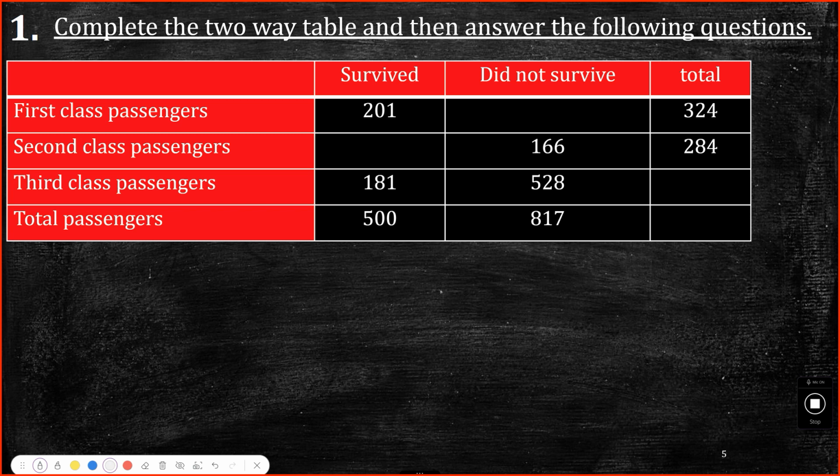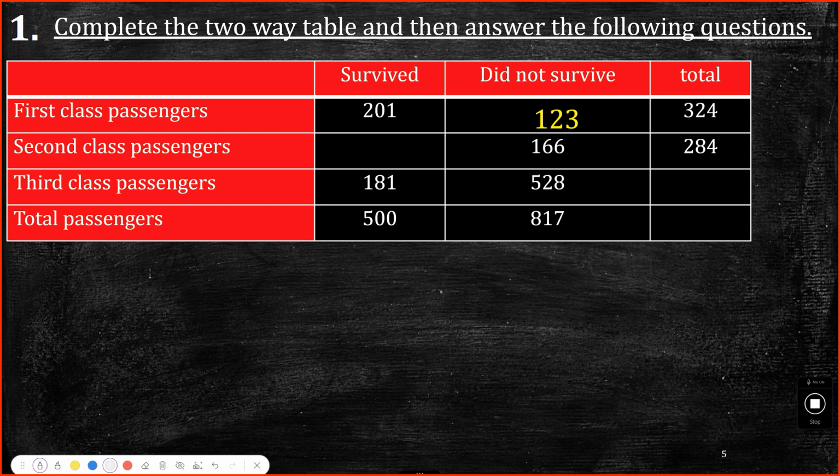So in the first class passengers, 201 survived out of a total of 324 first class passengers. How many did not survive? 123. So we'll fill that out. 123. Second class passengers. How many survived?